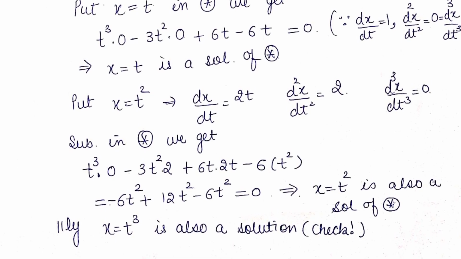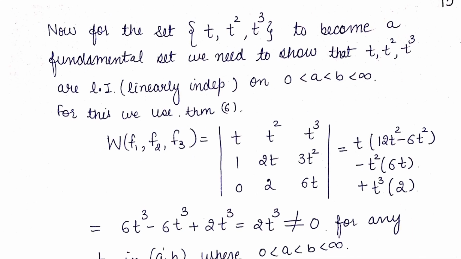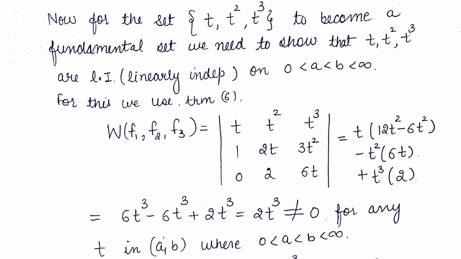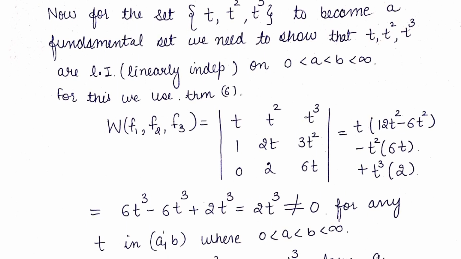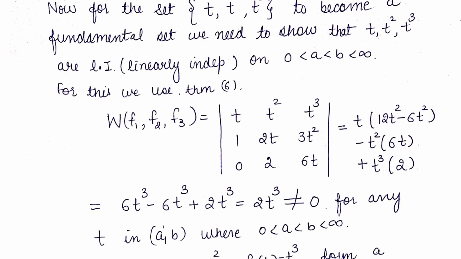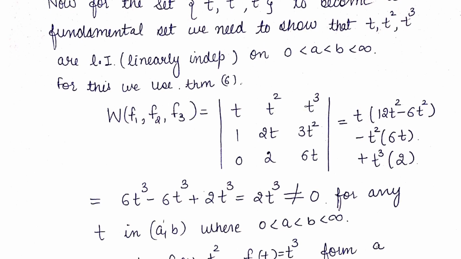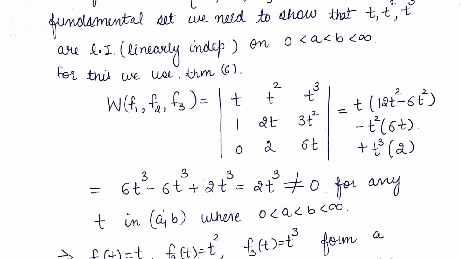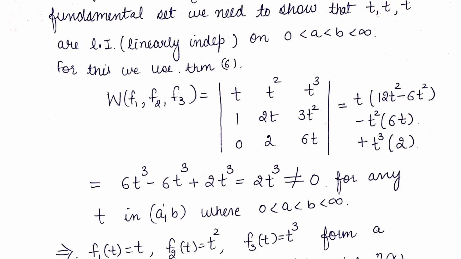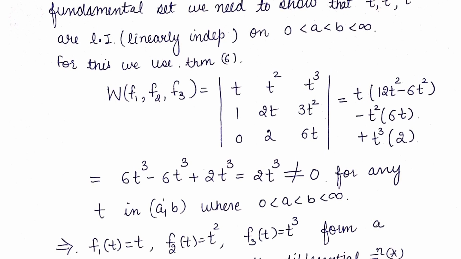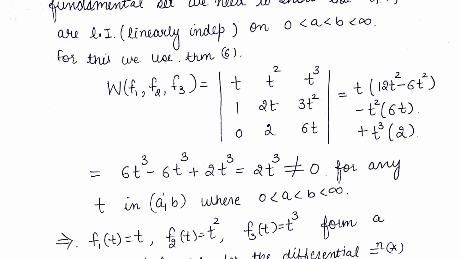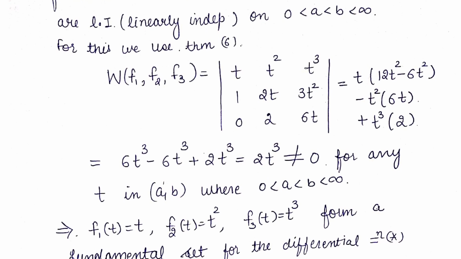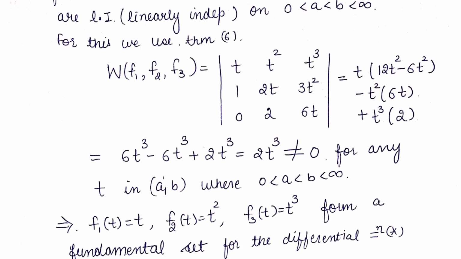After that, t, t square, t cube become a fundamental set if they are linearly independent. That is, if the Wronskian of f1, f2, f3 is never 0 on the interval ab not containing 0. So when you check, the Wronskian of f1, f2, f3 comes out to be 2t cube, which is never 0 on any interval not containing 0.